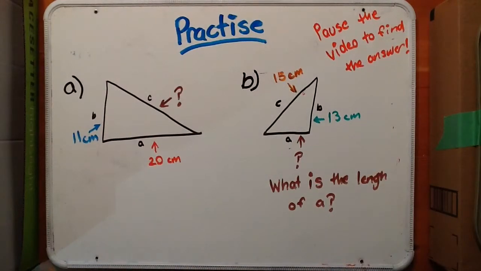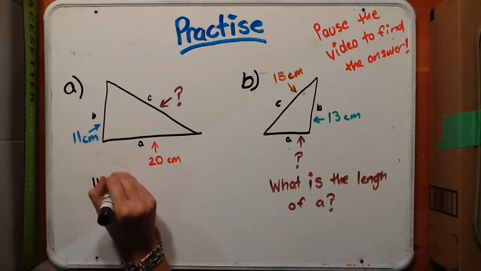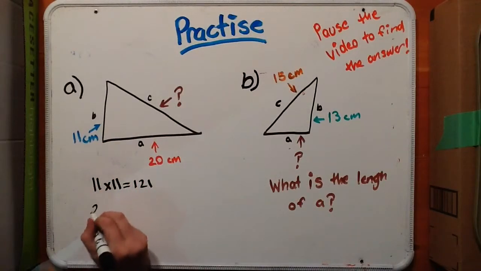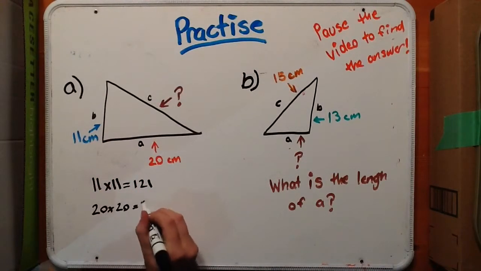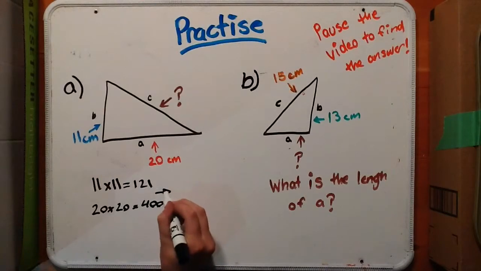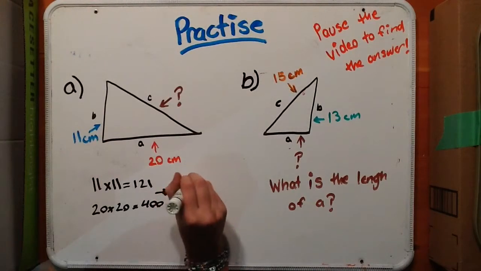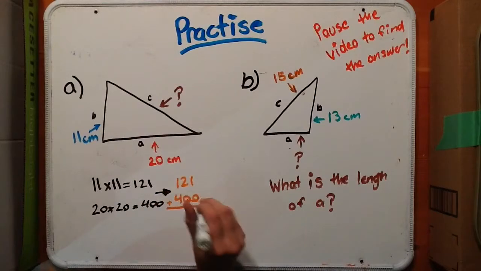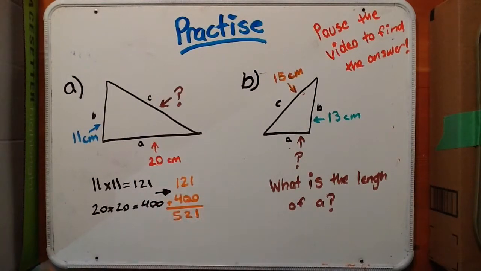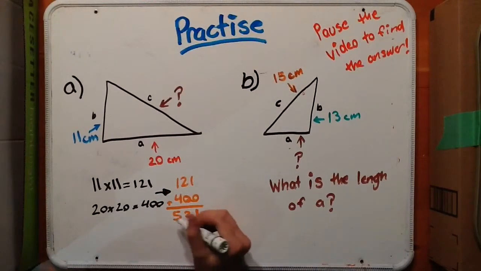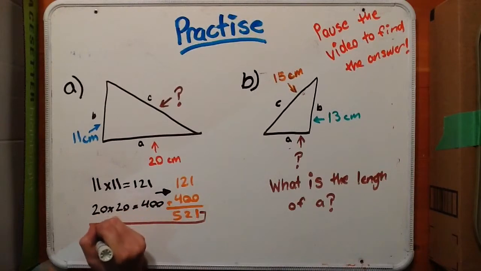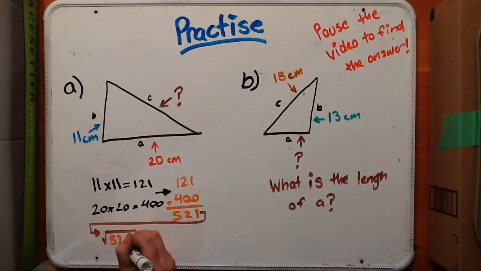So for A, you're going to do the normal Pythagorean theorem. So you're going to do 11 times 11, which is equal to 121, and 20 times 20, which is equal to 400. Then you're going to add them together, which is going to equal 521. Now, you have to follow that little arrow and it will get you to the square root of 521.